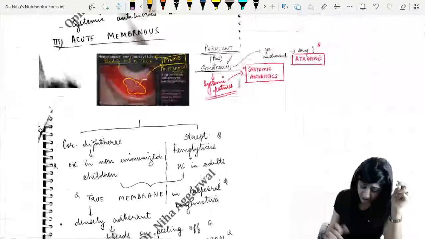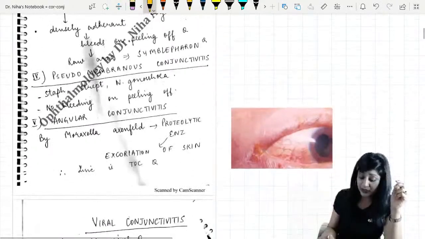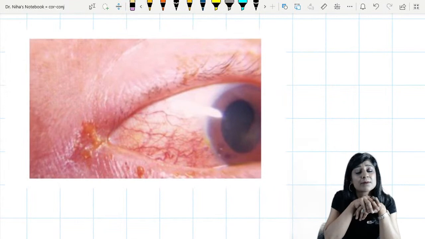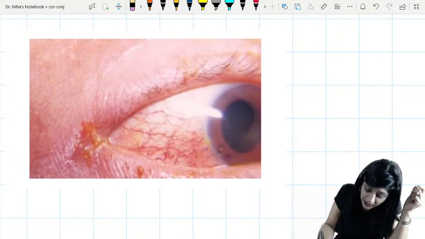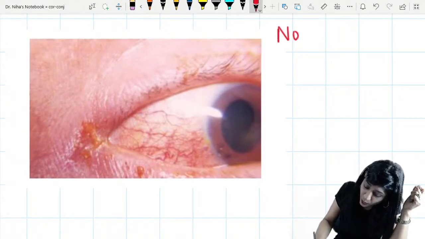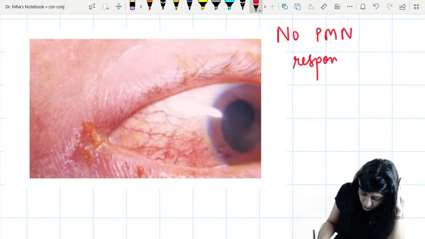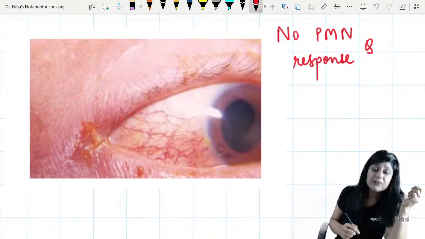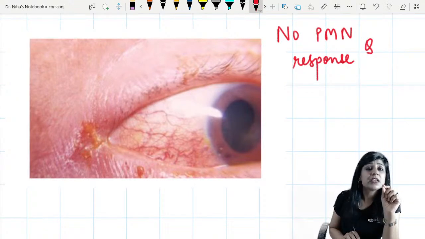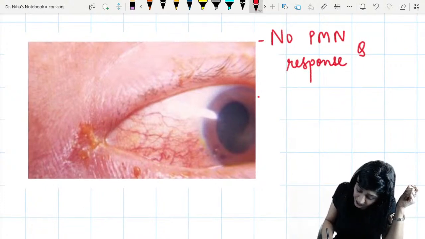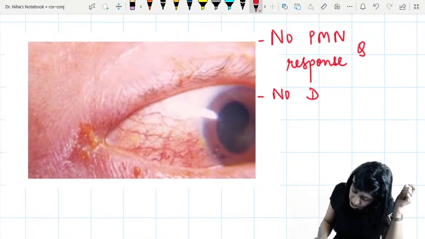Okay? Now another important thing, a very, very unique kind of conjunctivitis which is found in bacteria, where we have no polymorphonuclear response. Another important question, which is the bacteria which is not causing a polymorphonuclear response, and therefore there is no discharge.